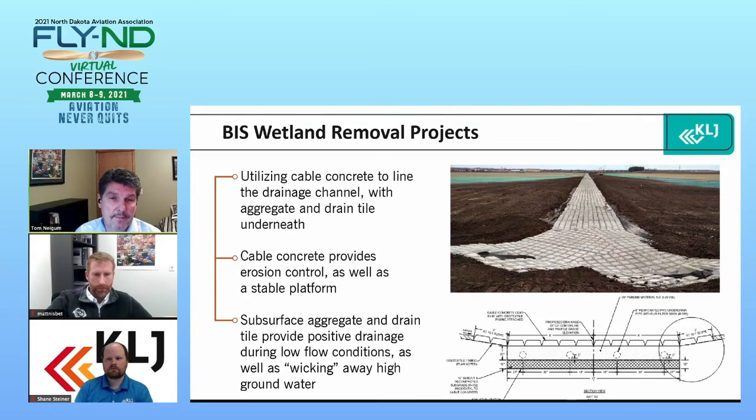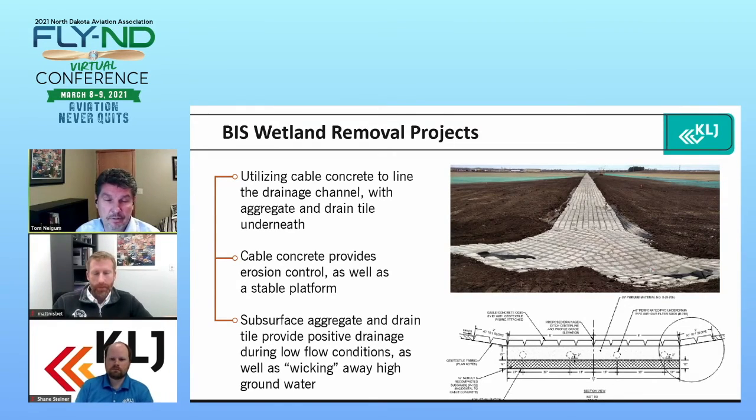So what happens is in the larger flows, of course, the water fills up in these areas and kind of whooshes through over the top of the cable concrete, and the cable concrete helps hold these areas so that there's no erosion. But the second thing is the subsurface drainage, where this pipe and this aggregate actually serves as like a wicking effect.